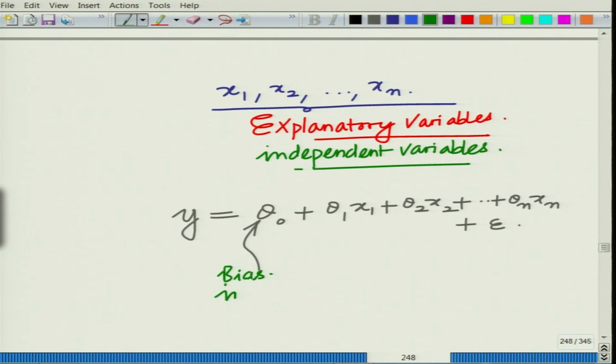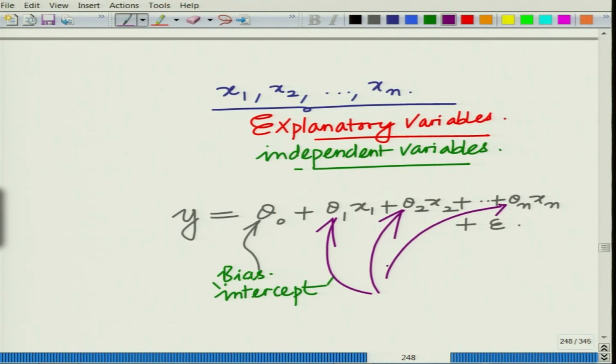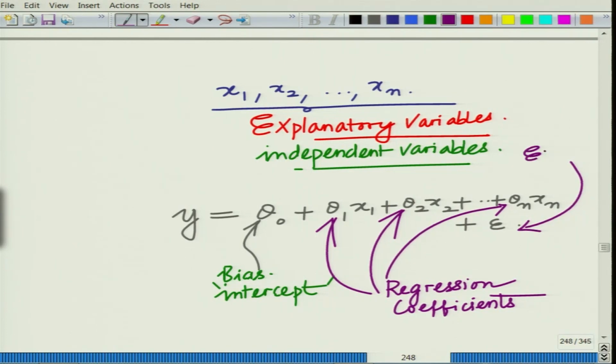Okay. So, this is termed as the intercept, and these theta 1, theta 2, theta n, including theta naught, are your regression parameters, or your regression coefficients, and this epsilon is your error.